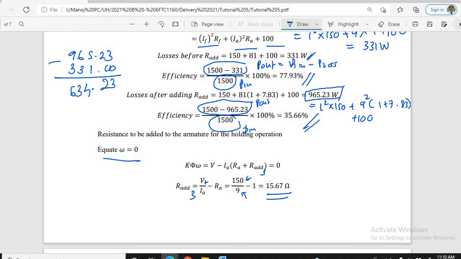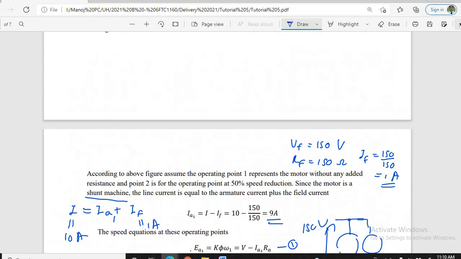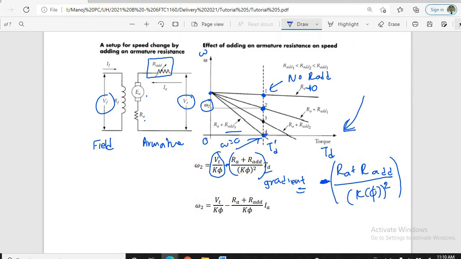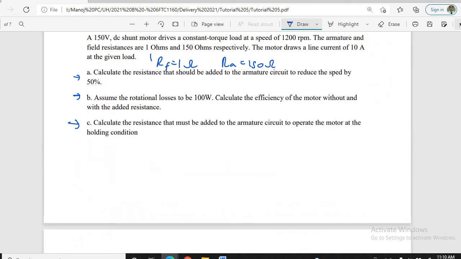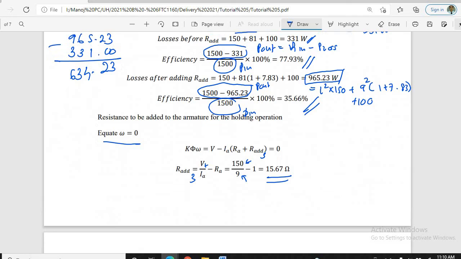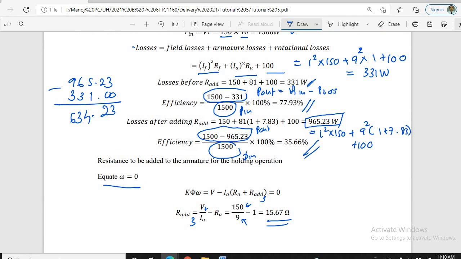That means it will make our motor go into this position. Like that we can calculate: if we add up to this much resistance, except the R_A, our motor will hold.